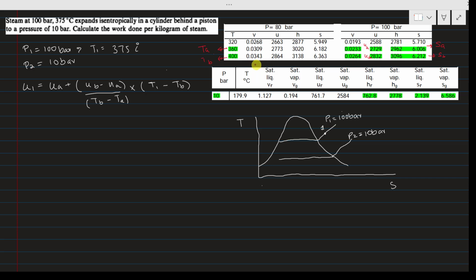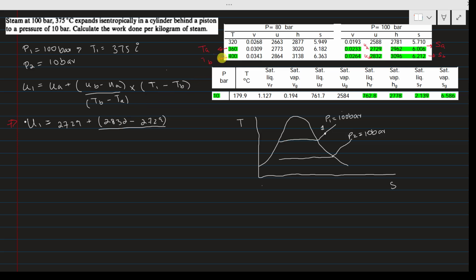So when you are finding the value for the corresponding properties, there is an upper and a lower limit, A and B, between which you apply the interpolation formula. That is 2729 plus UB, that is 2832, minus UA, that is 2729, divided by TB minus TA.